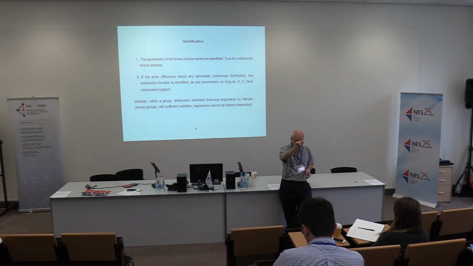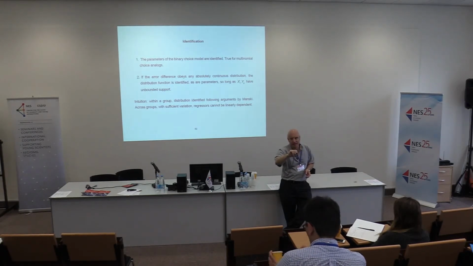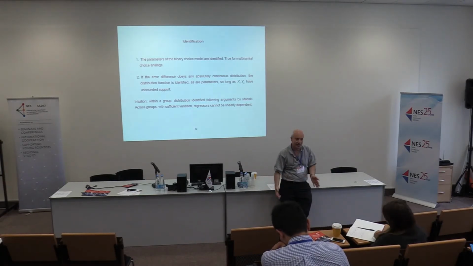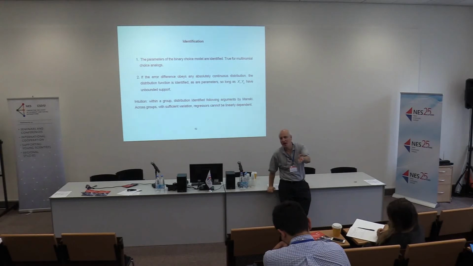The distribution function is 1 over 1 plus e to the minus z. That normalizes the density of the errors. Okay, so the result basically is that discrete choice models of social interactions are always identified. It doesn't matter whether the x's and the y's have a one-to-one mapping.